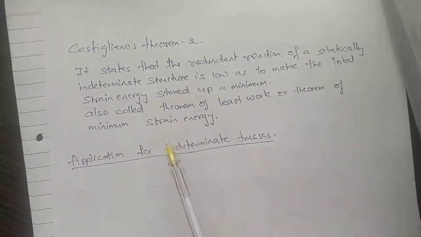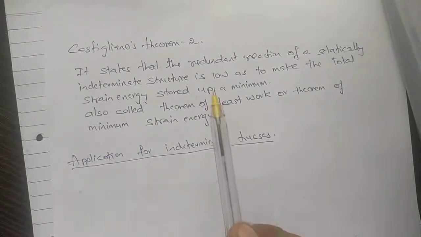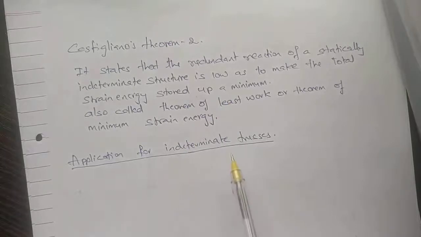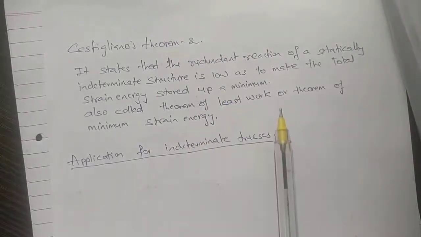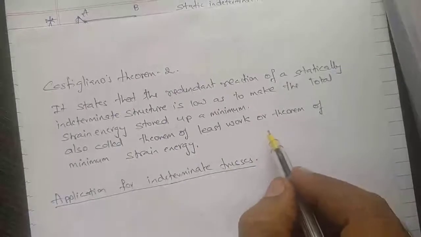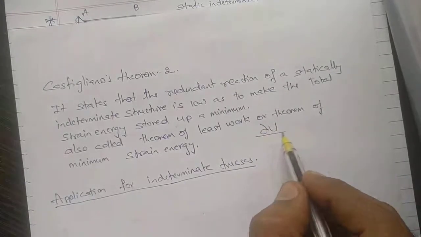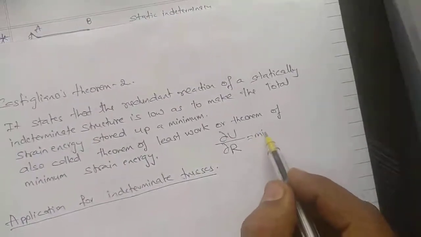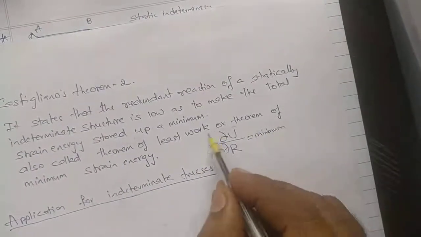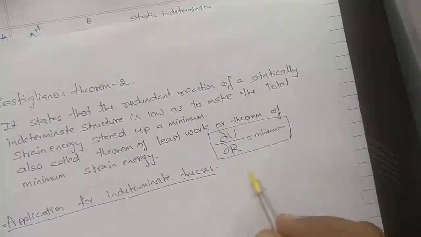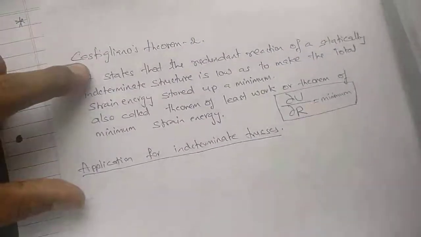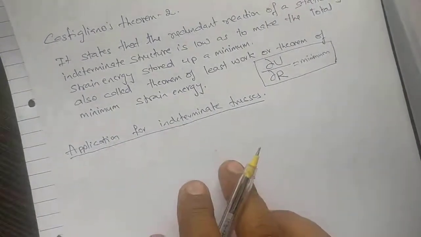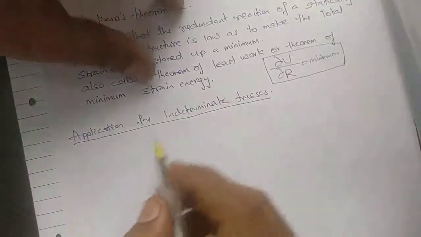If you have an indeterminate structure, if you do the partial differentiation of the total strain energy with respect to the redundant, that will become minimum. So we will use this. So we have some derivation for this, how we are going to apply this in the trusses.